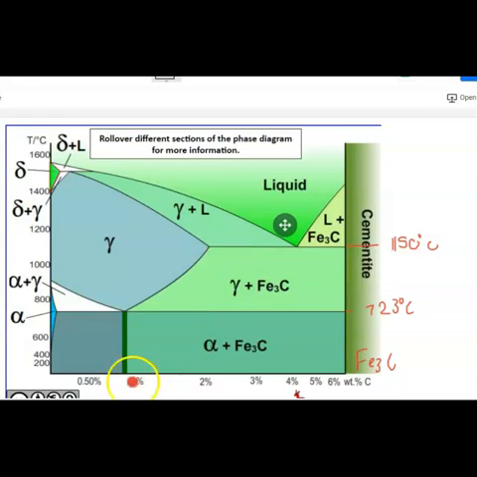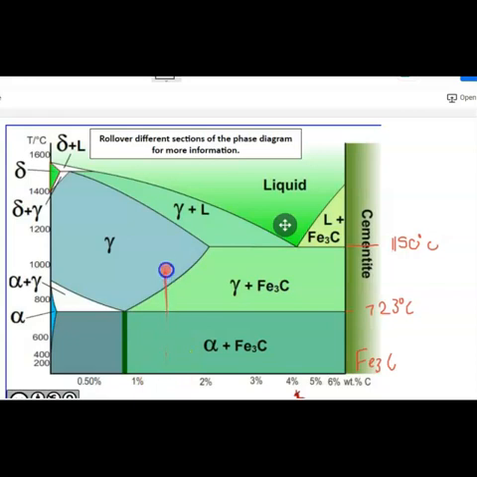If you want to do the heat treatment, this is what you do. Let's say I got a 1.5% carbon steel. So 1.5% carbon steel is here. I heat it up. When I heat that up, what will happen? I'm increasing the temperature. It goes here, so it has this combination, alpha plus that one. But how do I know it has this combination? I will explain.